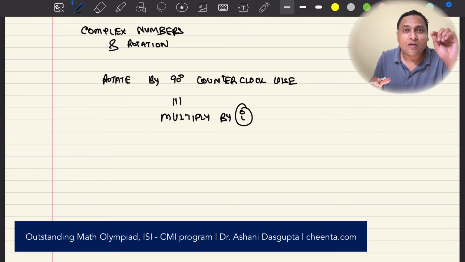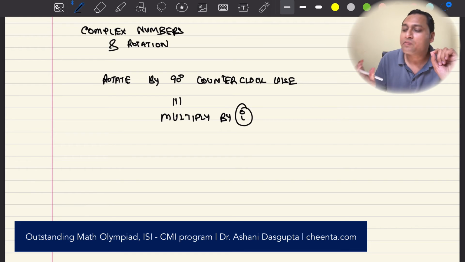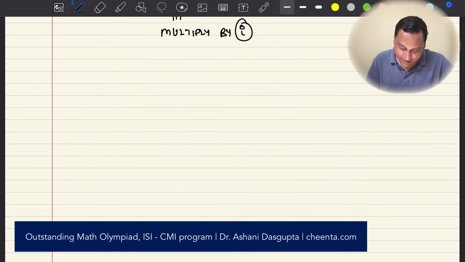Well, you can think of each point on the plane as a complex number, and then you can multiply it by I. So I'll give you an example.